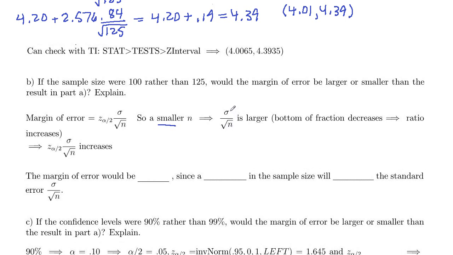It's going to divide into the top more times, so that sigma over root n is going to be larger, right? The bottom of the fraction decreases, so the ratio increases. So then the sigma over root n is larger, so once you multiply it by z alpha over 2, z alpha over 2 sigma over root n is going to be larger.